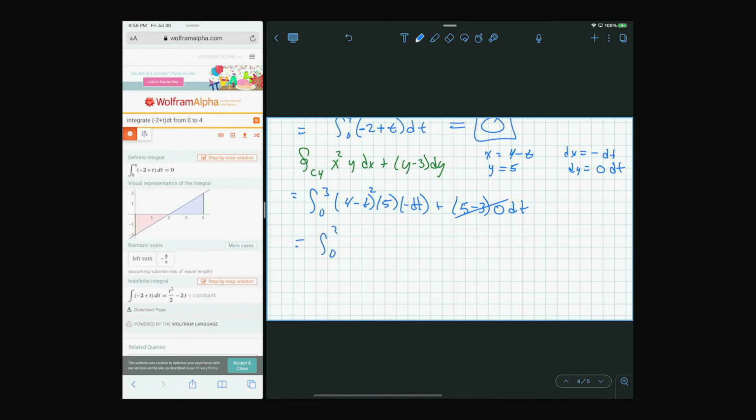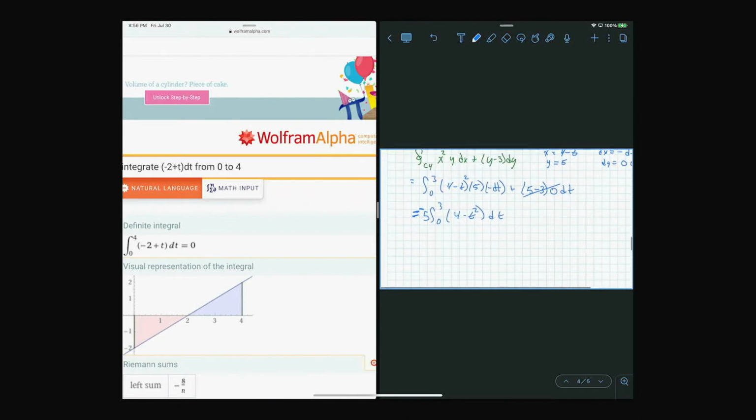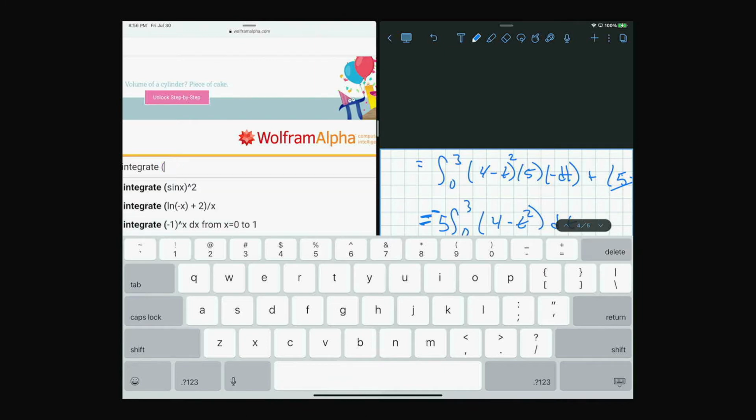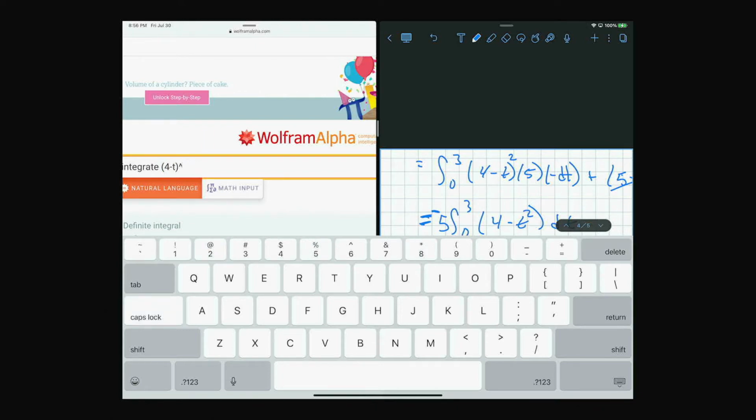So we have an integral from 0 to 3. Put a 5 out there. 4 minus t squared, negative 5 dt. Okay, so let's do this integral. I'll type in the one above it just because it looks nicer. 4 minus t squared times 5 dt.